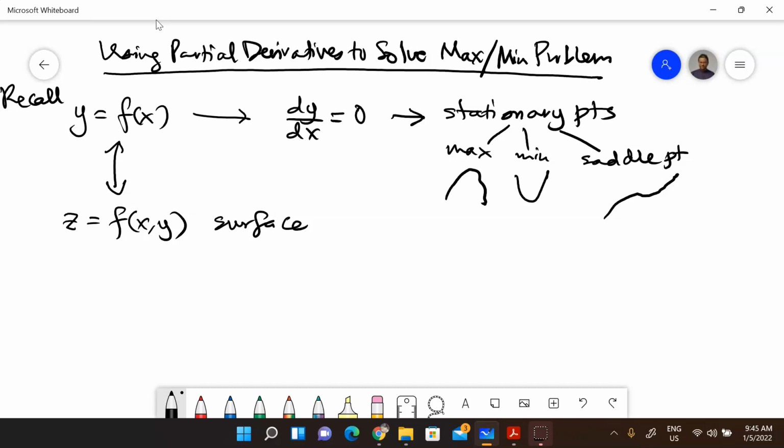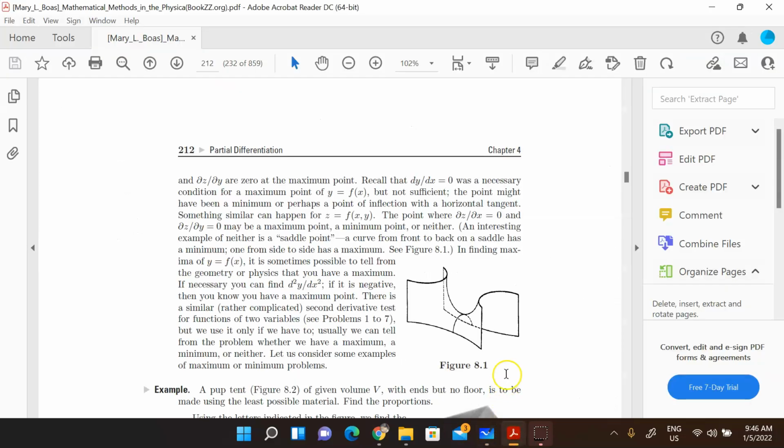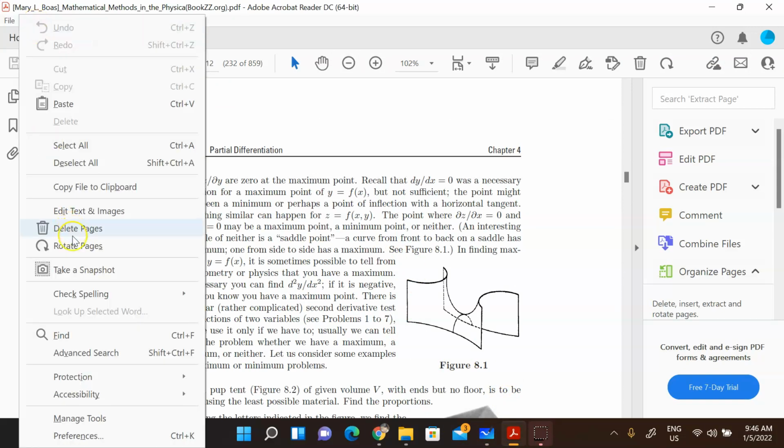On the surface, one could have a surface of this nature, which is like a hill, or a valley, or it can be a saddle point, which I do not want to draw because I'm not good, so I'm just going to cut and paste this snapshot.